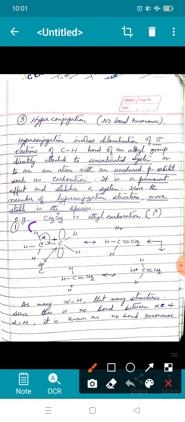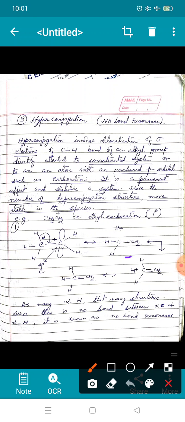Now, all these 3 hydrogens are attached to the same carbon, so any of the hydrogens can get involved in the hyperconjugation. Initially, the first structure we drew by involving this hydrogen. The next structure we shall draw by involving this hydrogen and keeping this intact. The third structure we'll draw by involving this hydrogen. Let us see one by one.